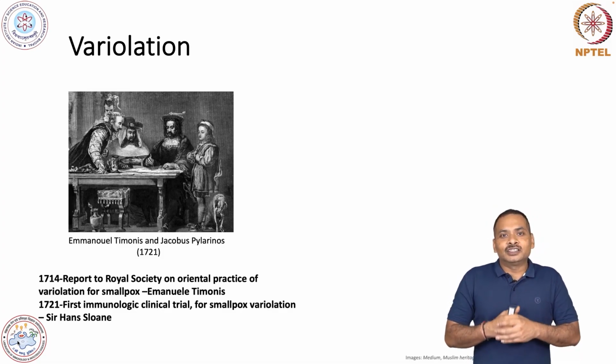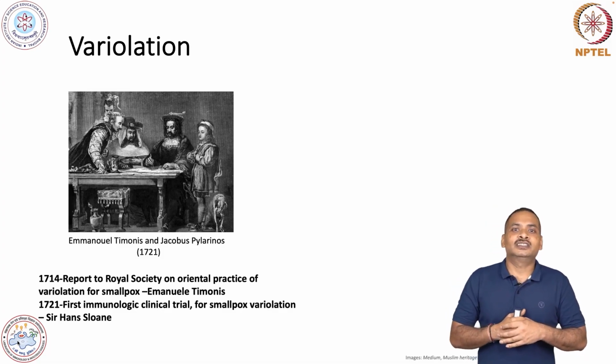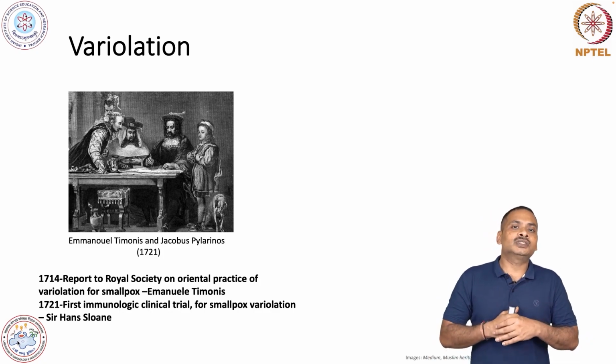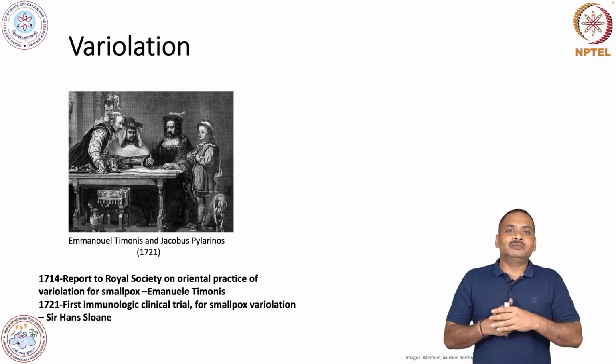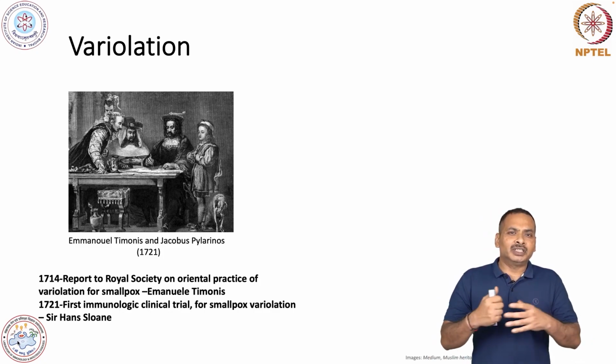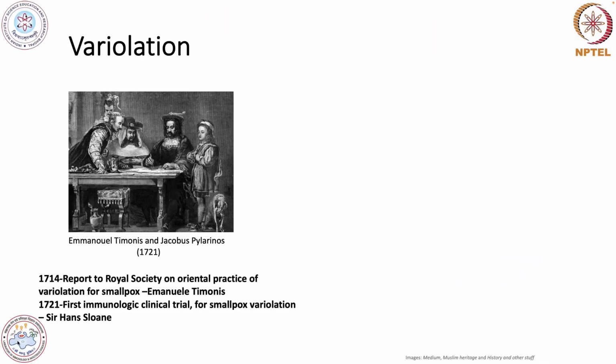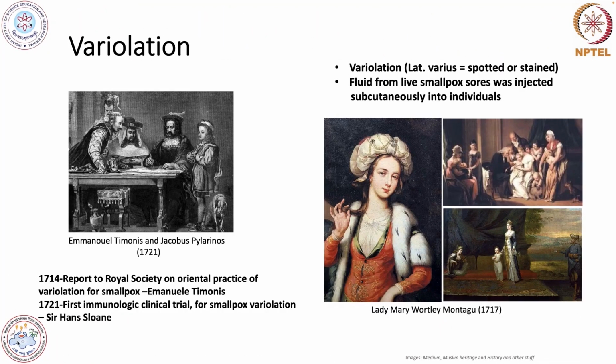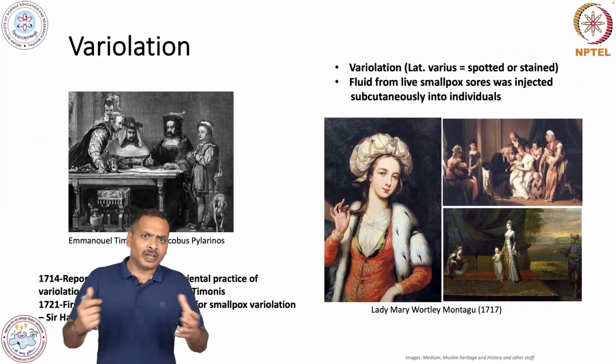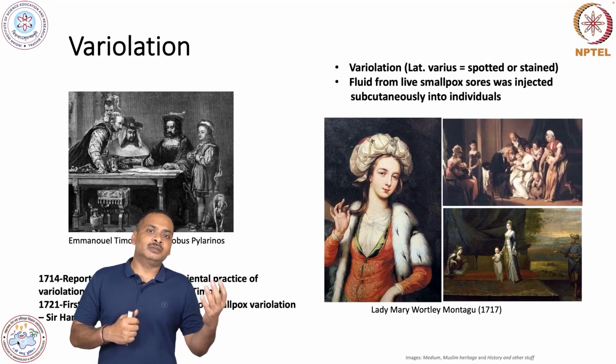So there is a little story here, I will just narrate for you. At that time there were so many deaths. One person, her name is Lady Mary Wortley Montagu, her family was affected by smallpox.